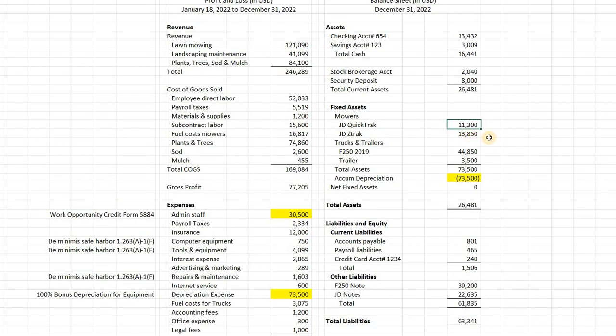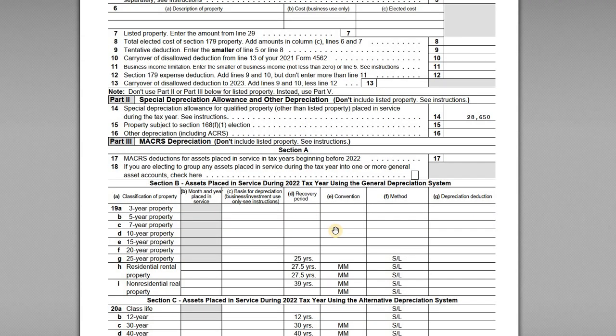We have the mowers, right, which are being used obviously to mow the lawn, to do the landscaping. But then we have a vehicle, an F-250, which is a passenger vehicle for most parts, and then the trailer. Now, the reason why this is important is because passenger automobiles are basically considered listed property, right, for the most part.